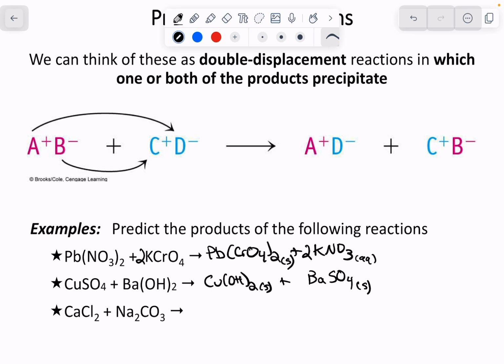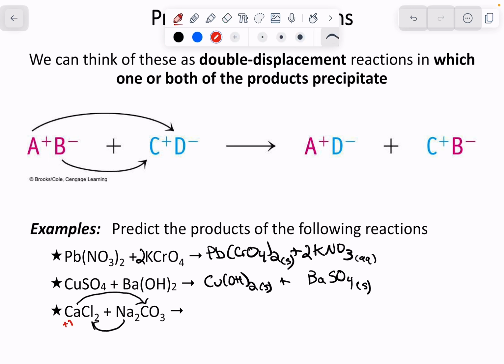The next example is calcium chloride reacting with sodium carbonate. So calcium is going to react with the carbonate, and the sodium is going to go with the chloride. Actually, let me take a step back. The first thing we do is get the charges.